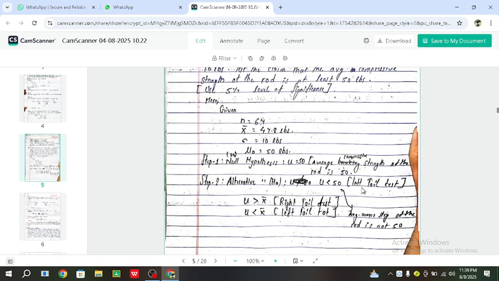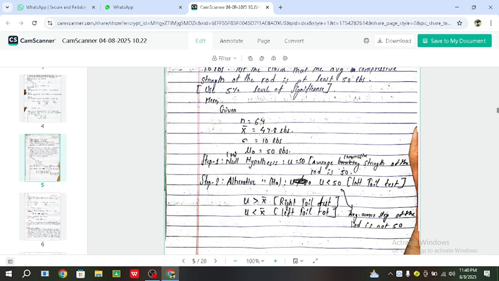It is very easy: compare the given value mu with x mean. Here mean and mu are both given, and we find that x mean is smaller than mu naught. If mu is greater than the mean, that is the left tail test, and if mu is less than the mean, that is the right tail test.